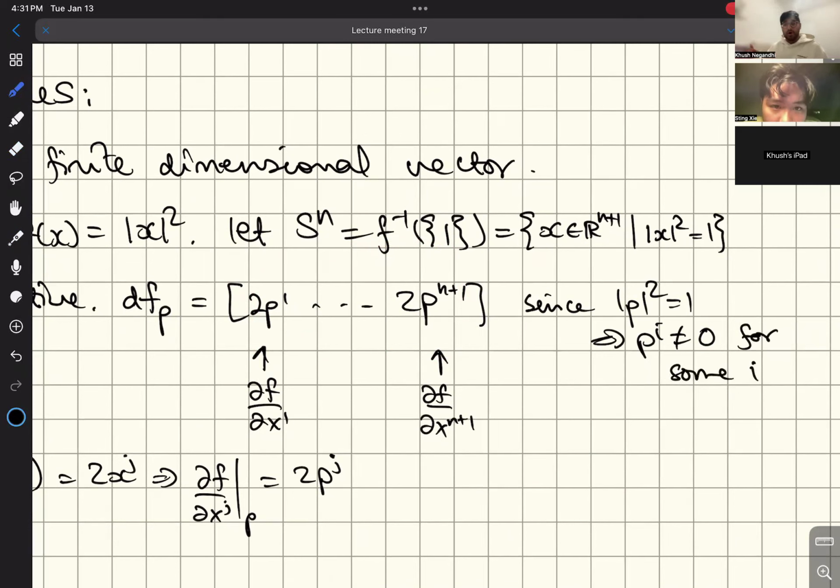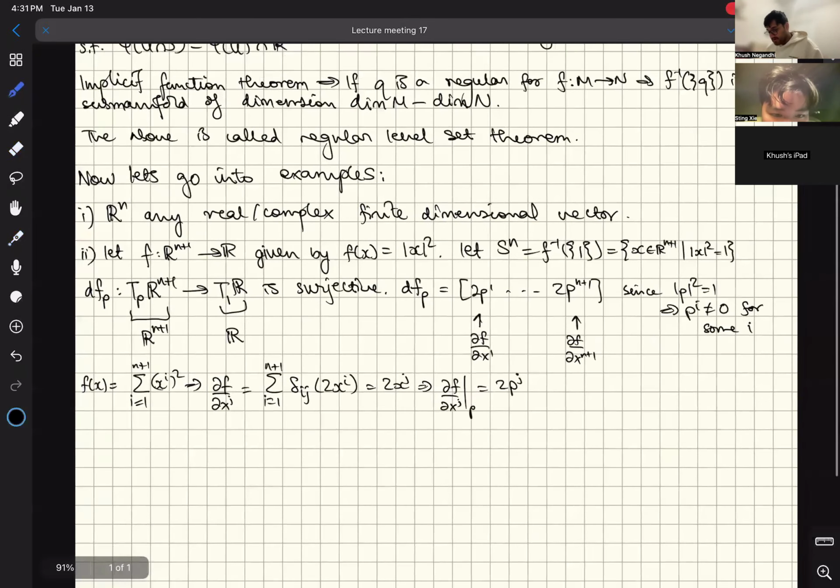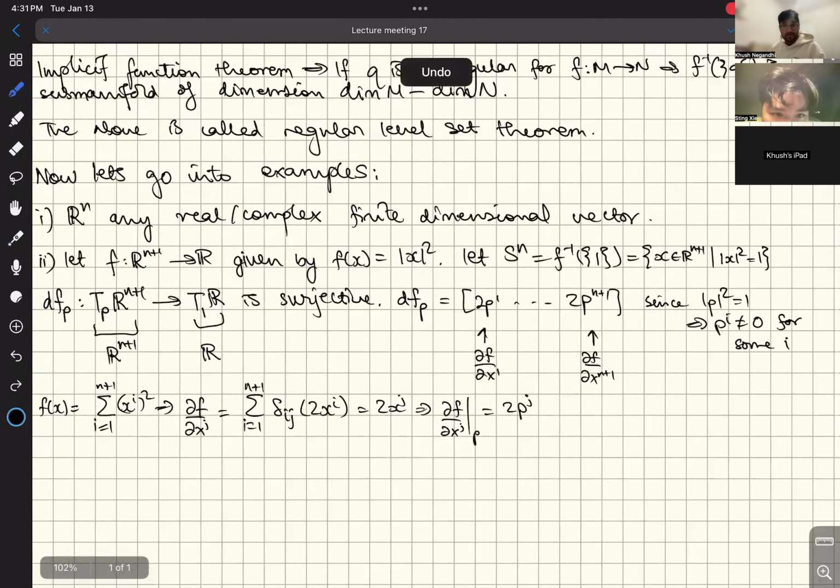Because if it was 0 for all i's, then this norm would be 0. So this tells me that the map is surjective for every point in the level set. That means that 1 is a regular value, and hence the sphere is a manifold.